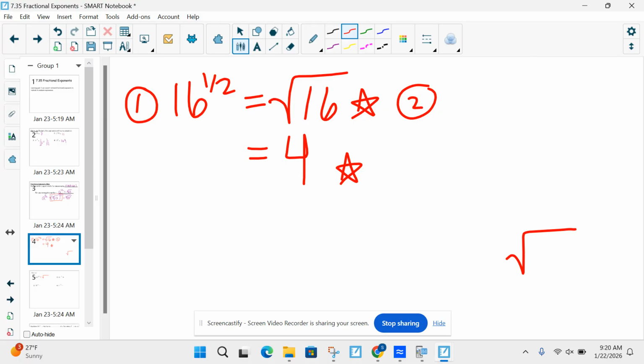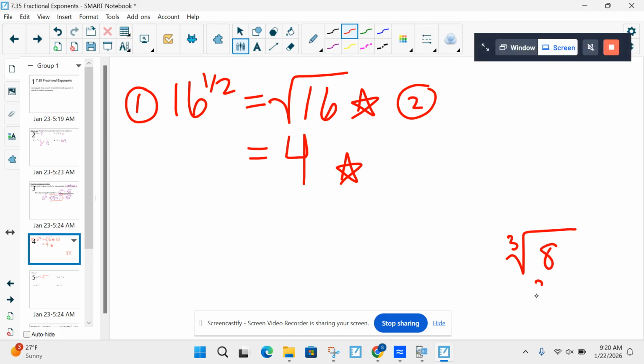Whenever you see a square root, that means you need 2 of the same thing under the radical. If it's a different number like 3, that means you need 3 of the same thing. Like those are your cube roots. So cube root of 8 means 2 times 2 times 2. I can rewrite 8 as 2 times 2 times 2, so the answer would be 2. Because there are 3 2's multiplied together under the radical.